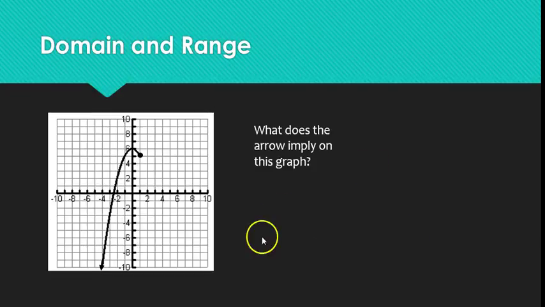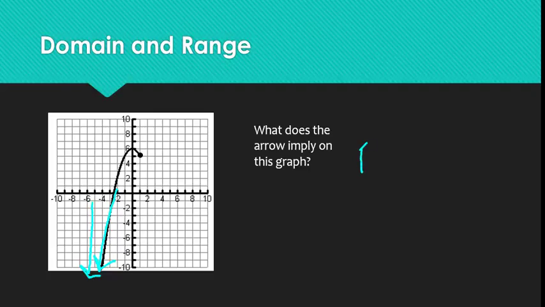All right. What does the arrow imply on this graph? What that means is that our graph is continuous in this direction. And by it continuously growing this way, it keeps going down to -infinity and to the left to -infinity.